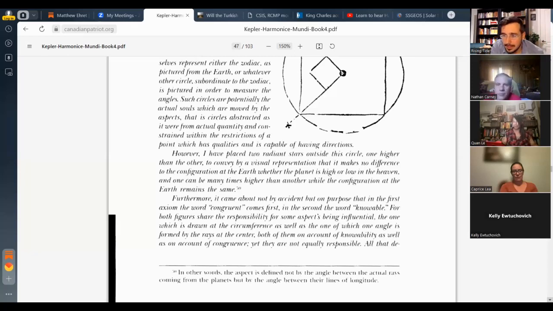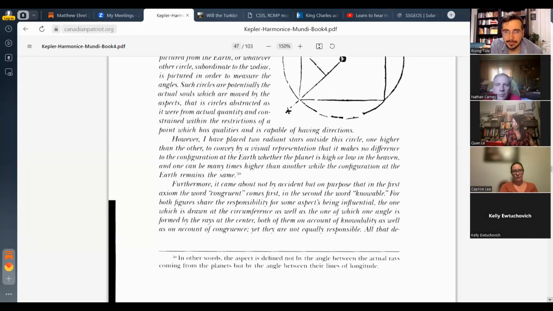Okay. Furthermore, it came about not by accident, but on purpose that in the first axiom, the word congruent comes first. In the second, the word knowable.